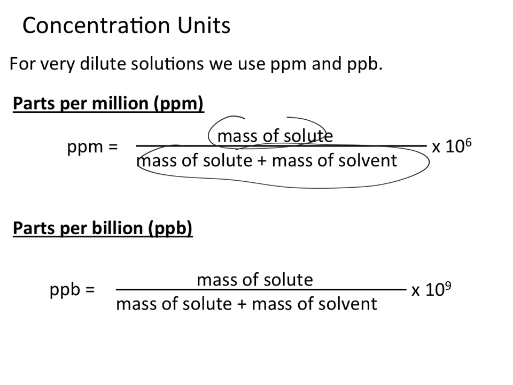In the case of parts per million, we're going to multiply that relationship between solute and mass of solution by 10 to the 6th, and that will give us our parts per million. So it'll be some number ppm. Same concept down here with parts per billion. However, in this case, we are multiplying by 10 to the 9th.